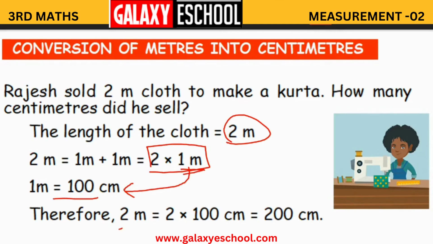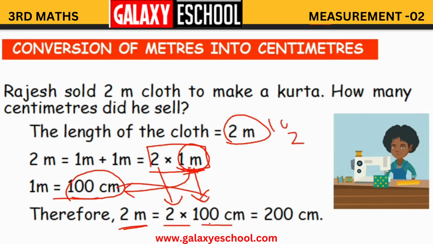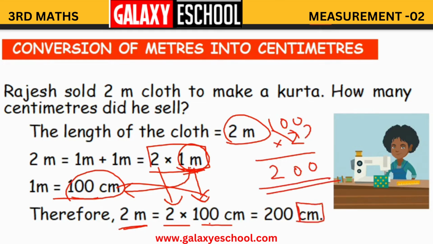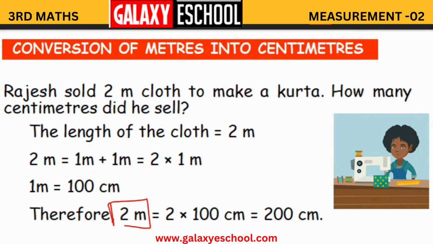Therefore 2 meters is equal to how much? 2 into, instead of this 1 meter, we are writing the centimeter part, that is 100 centimeters. 2 into 100, 2 zeros are 0, 2 ones are 2. So 200, and again it's important to write the unit of measurement, that is centimeters. Therefore 2 meters is nothing but 200 centimeters.